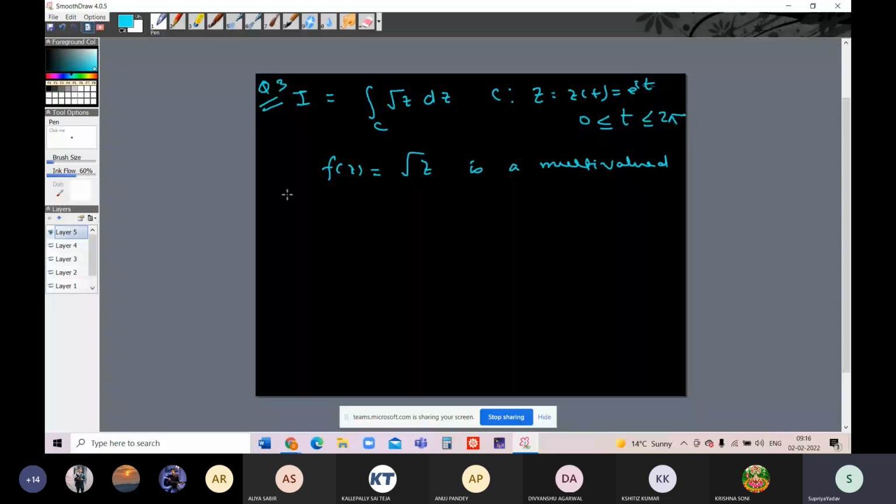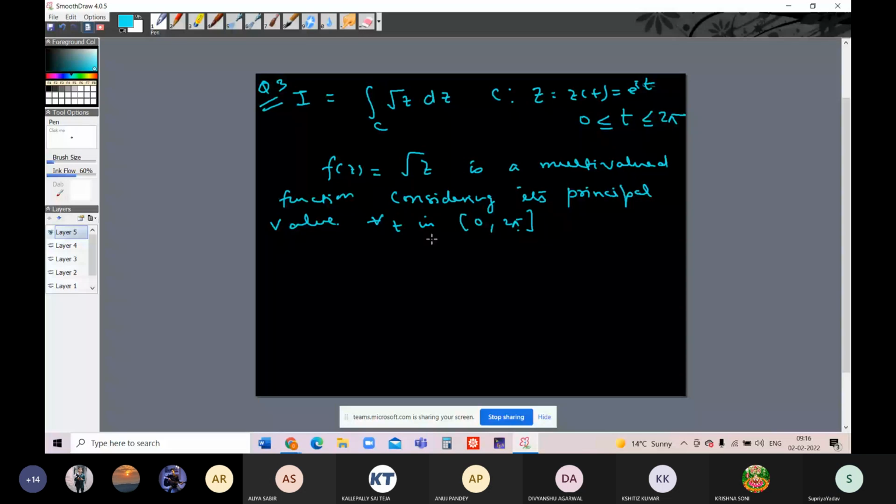So we have to consider here its principal value for all t in 0 to 2 pi. So here our z(t) is the exponential of it.